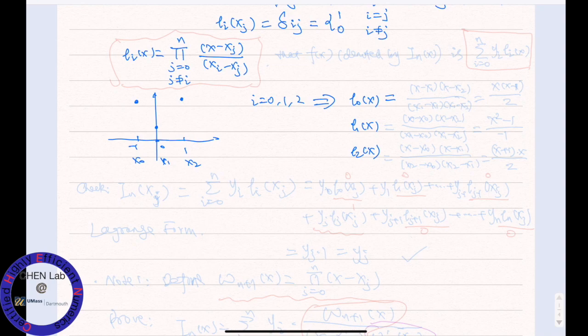If you want to be 0 at any point, it should have a particular factor. So we want to be 0 at x1 and 0 at x2. So you need (x minus x1) times (x minus x2), because that way, if you evaluate at x1, you're going to get 0 times something.